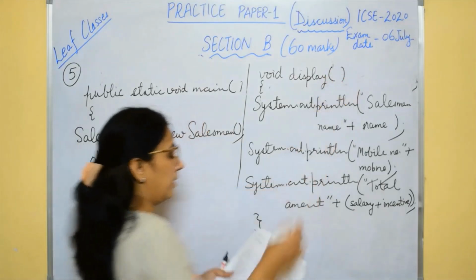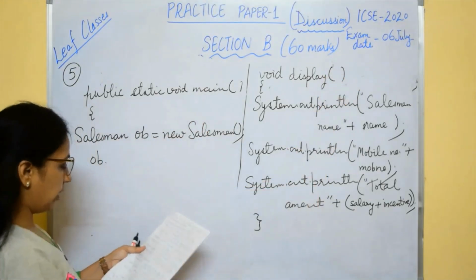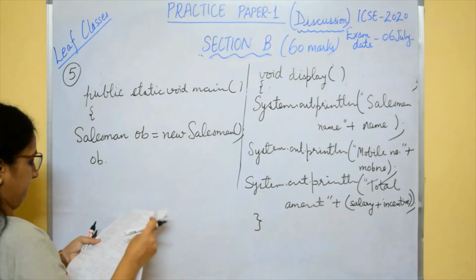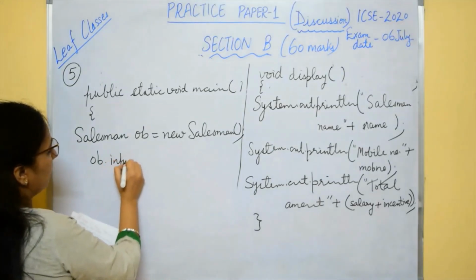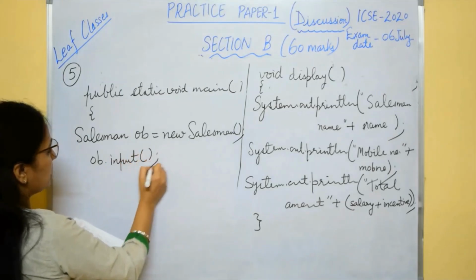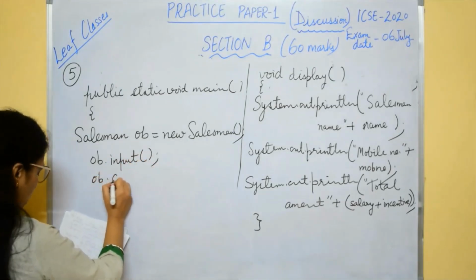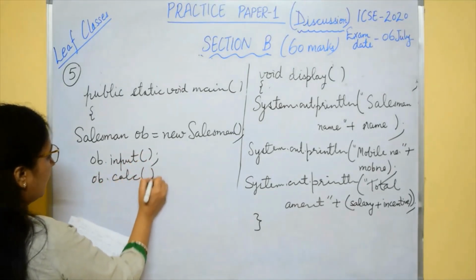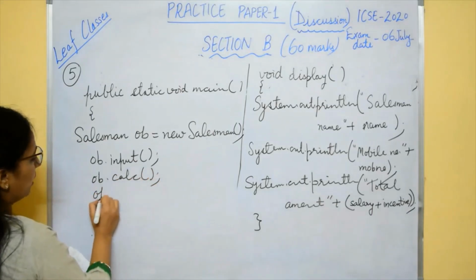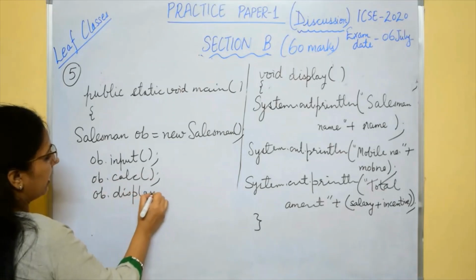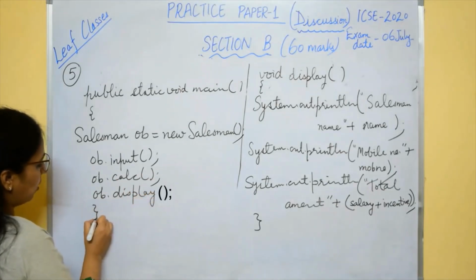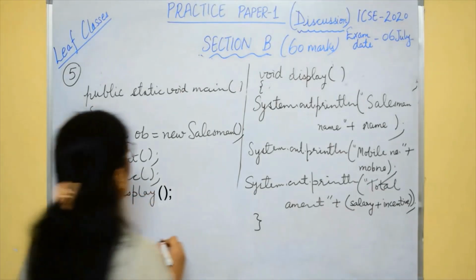Now here the first function is your input. So ob.input. The next function is ob.calc and the third function is ob.display, and with this you will close main and you will close class.